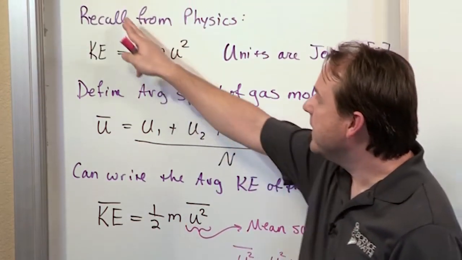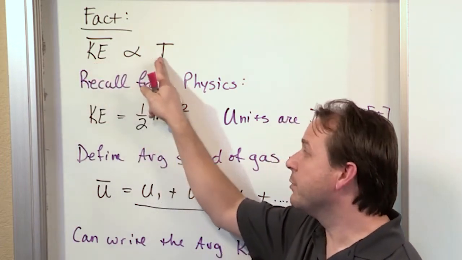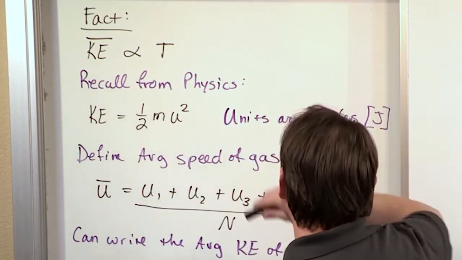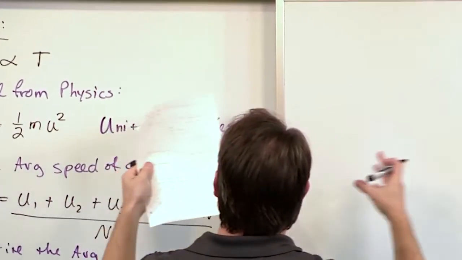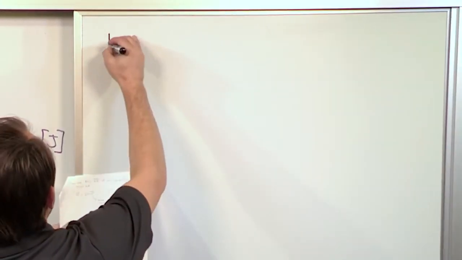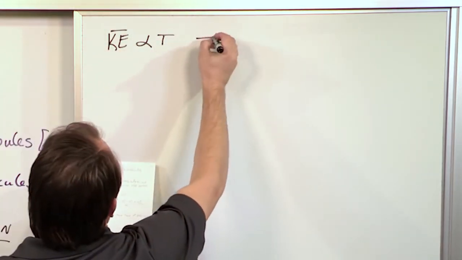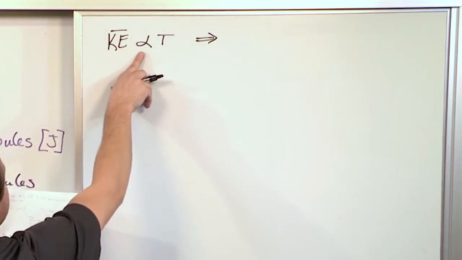But we already said that the average kinetic energy is proportional to the temperature, okay? So we can basically look at this and bring those two ideas together. Then notice this constant of proportionality.